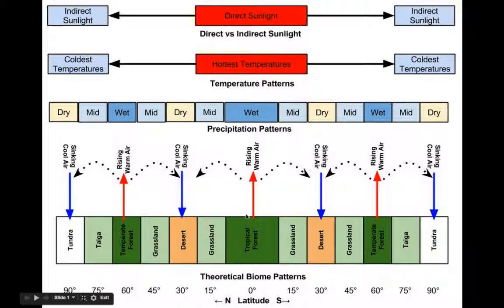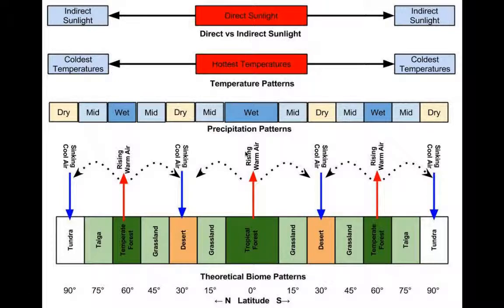What you'll see is where it's rising, it's wet. Where it's falling, it's dry. So where the air is falling, it is dry in those regions. So you can see that connection here. And you're going to notice these middle areas. This is where you would tend to find most of your grassland biomes, in the in-between areas, between where it's wet and dry.